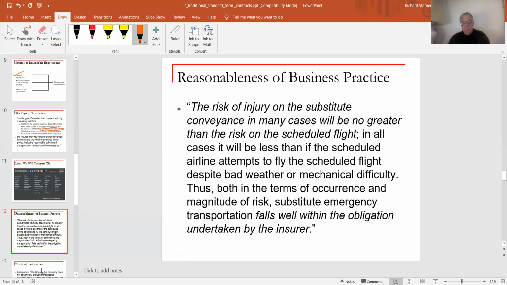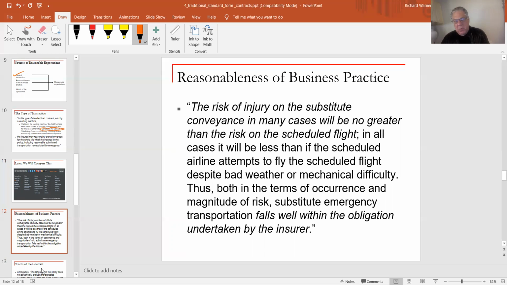And one odd feature of this case is that the insurance company never explains why it's reasonable to exclude substitute air carriers, right? The court says, look, to put it in more straightforward, plain English, you're in the business of issuing life insurance for air trips.